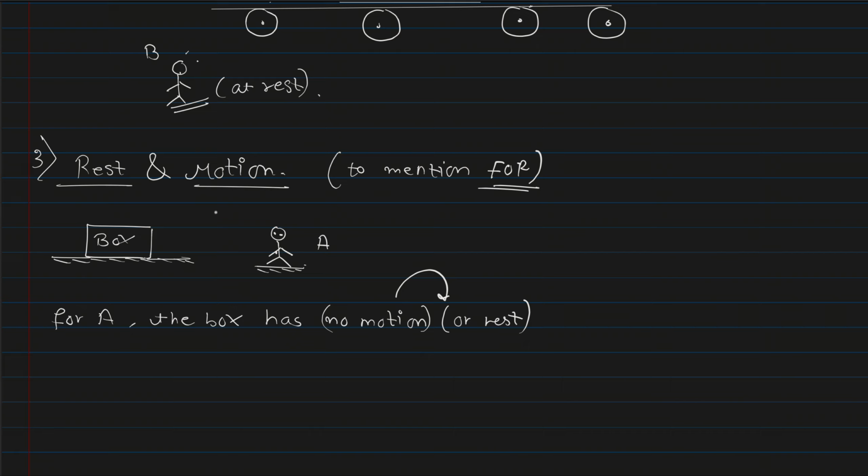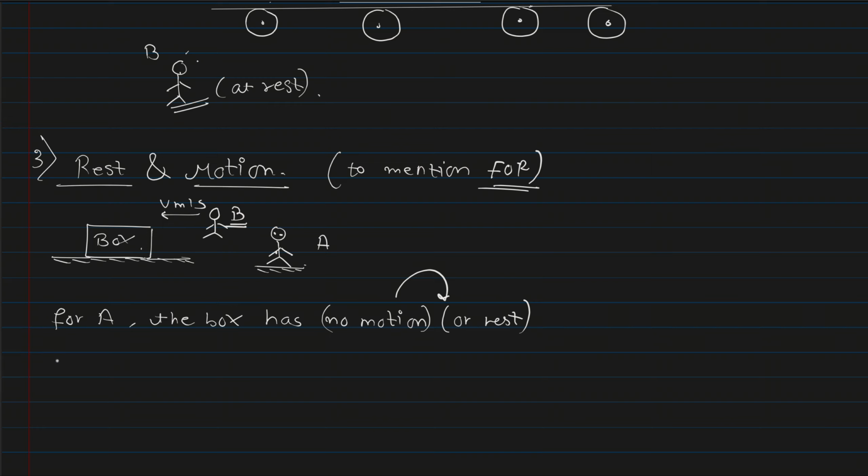But then if there's another man B who is running at a speed of v meters per second, for him as the frame of reference, the box would be seen moving this way at a speed of v meters per second. Very important: for man A, the box is at 0 meters per second, or simply at rest.